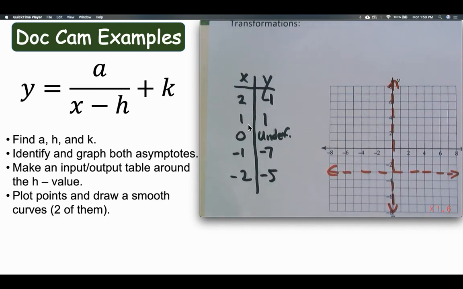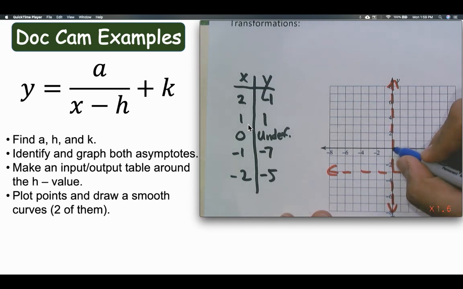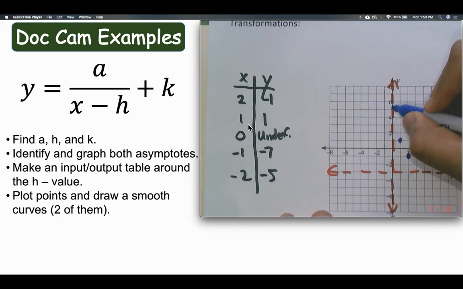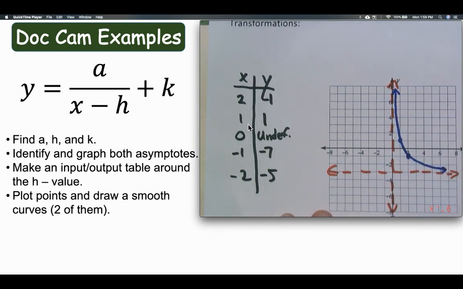So let me plot my points. New color, 2, -1. So right 2, down 1. I got 1, 1. So right 1, up 1. I'm going to go ahead and just draw this right now. So coming across those two, and then across that way.